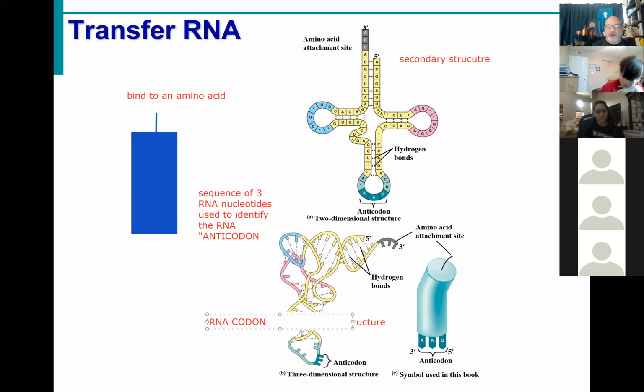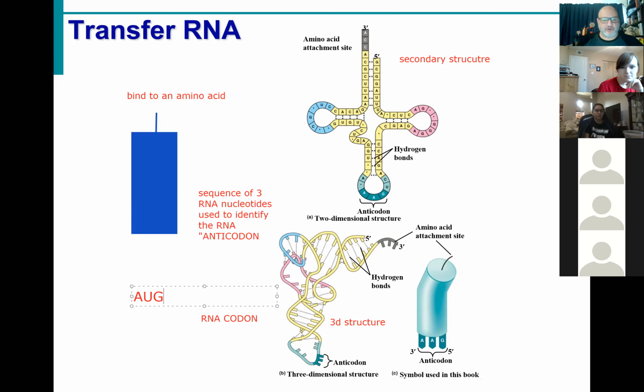Now, so far, there's only one RNA codon that I have memorized, that I know the specific amino acid associated with it. What would that one be? The start codon. And what was the start codon? AUG.